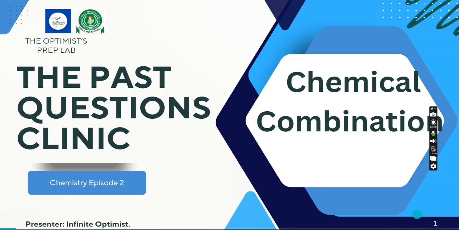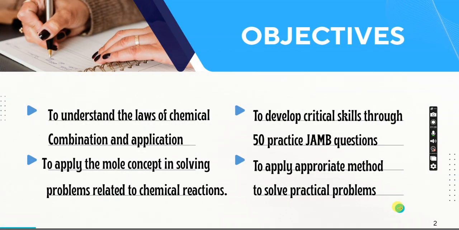Let's dive in together. What are the objectives of this video? By the end of this video, you should be able to understand and apply the laws of chemical combination, that is, the laws that bind the relationship between two or more chemical substances, whenever you need them.